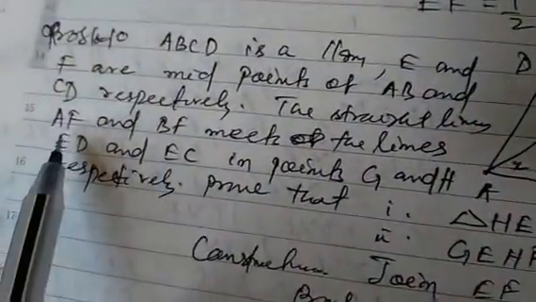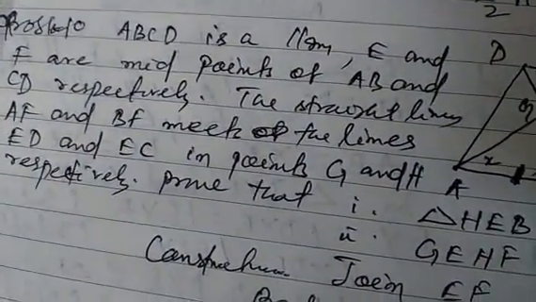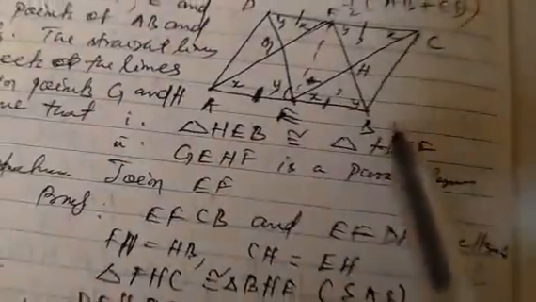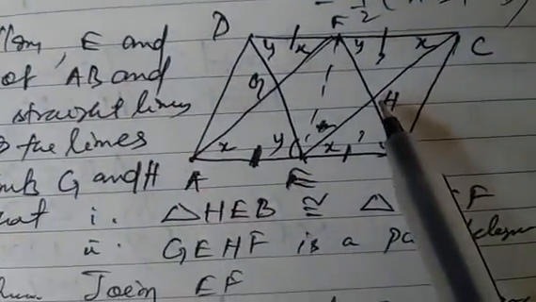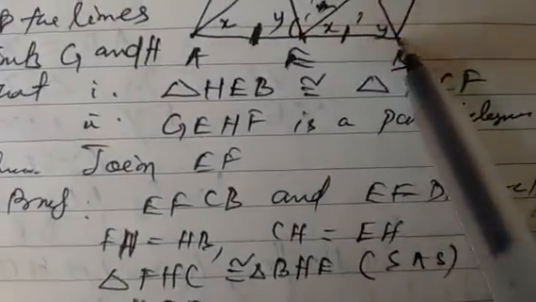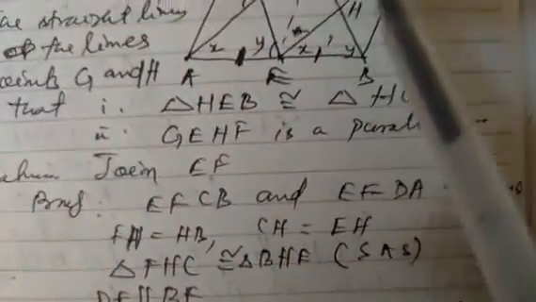Similarly, another problem here, ABCD is a parallelogram. E and F are the midpoints of these opposite sides. As shown, the straight lines AF and BE meet the other lines at G and H. You have to prove triangle HEB is congruent to triangle HCF.